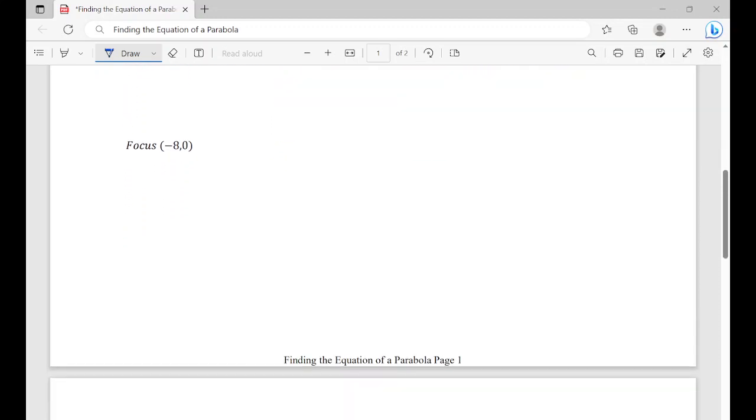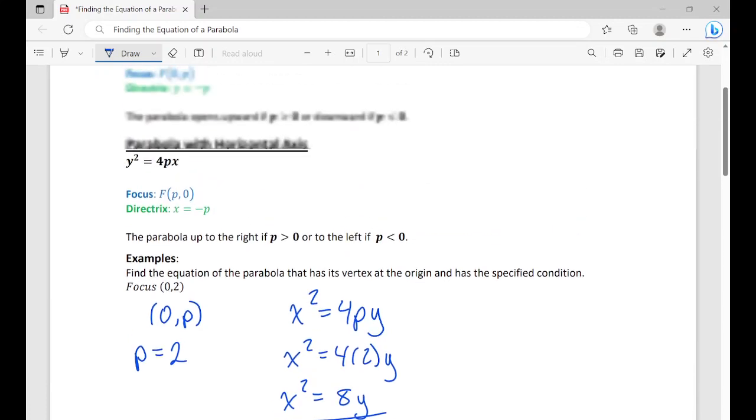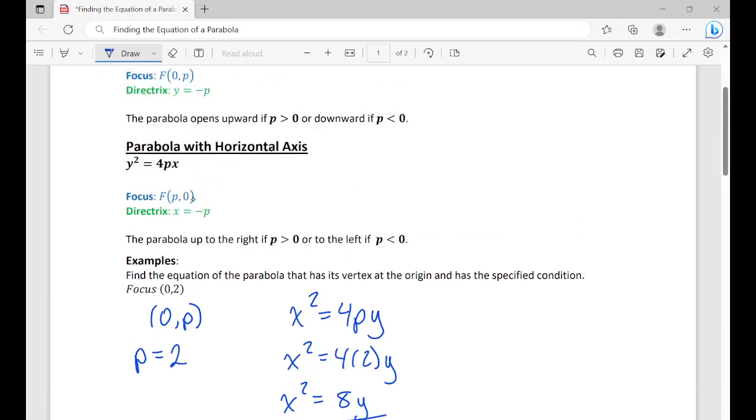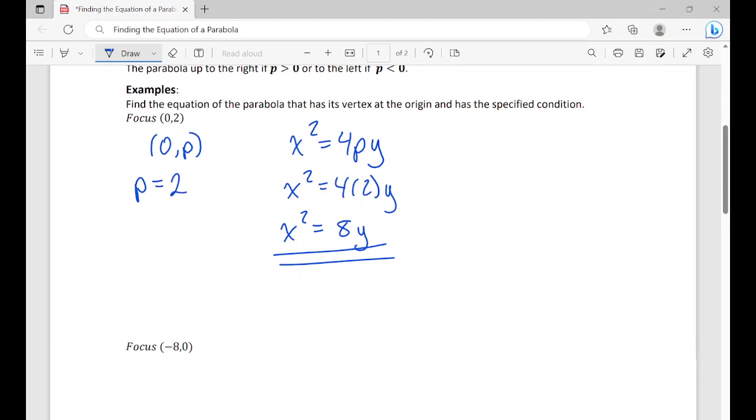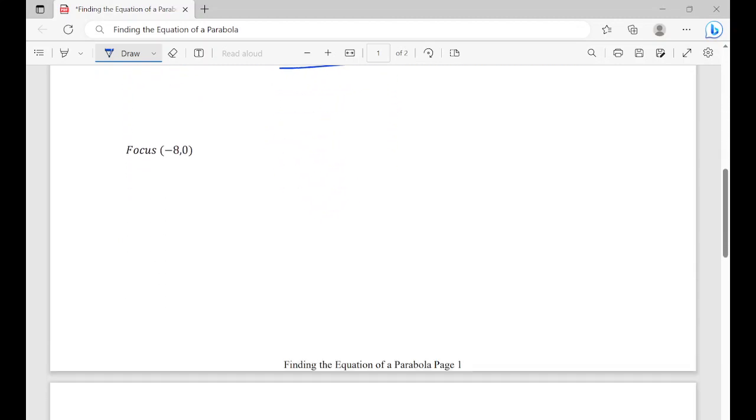Next, we have a parabola that has a focus of negative 8, 0. So we know that this is going to be more in line with the horizontal, where it's p, 0. And since we're using this one, we're going to use the equation y squared equals 4px. So the basic form for the focus here is p, 0, which means that our p-value here is negative 8.